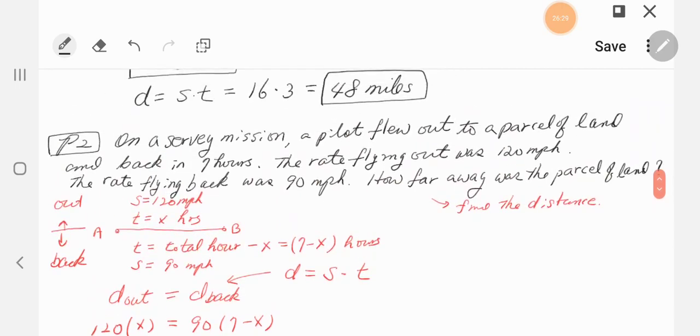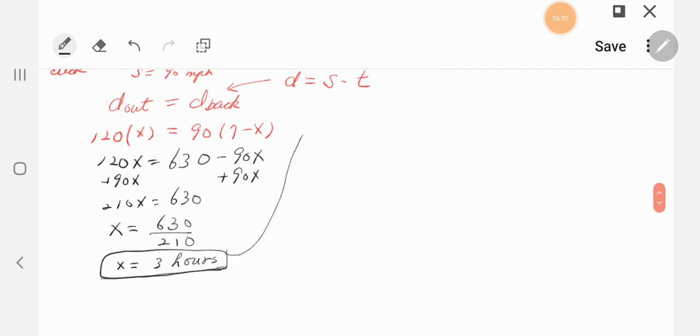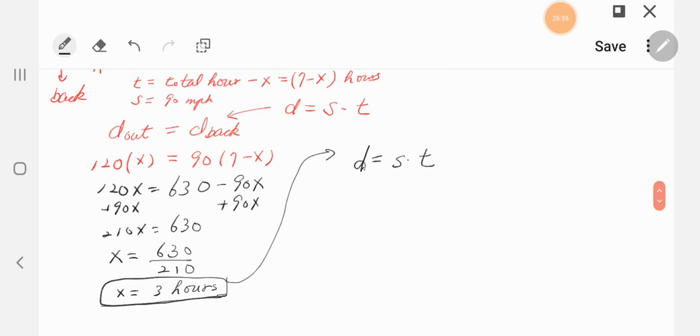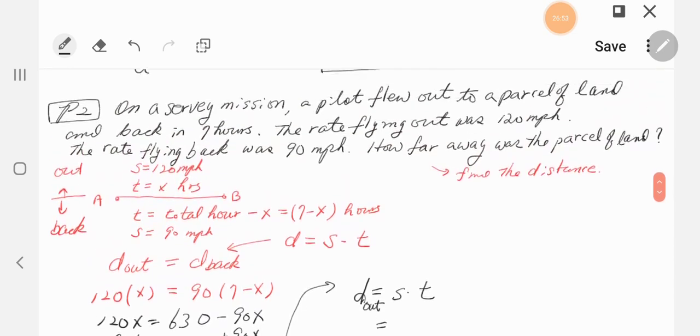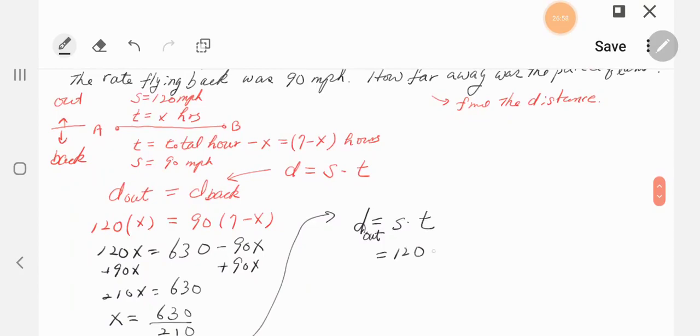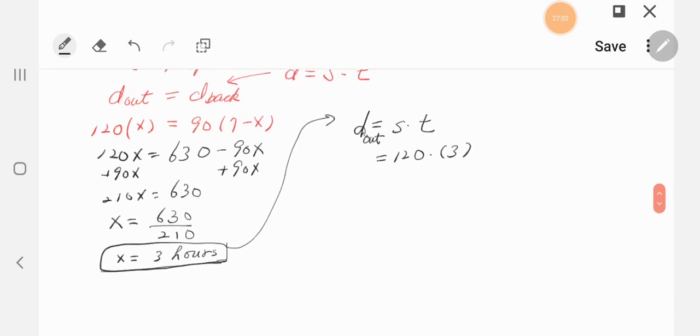So using the distance formula, let's use the distance going out. Actually, the distance going out is the same as the distance coming back, so you can use either one. The distance going out is the speed going out, 120 miles per hour, times 3 hours.